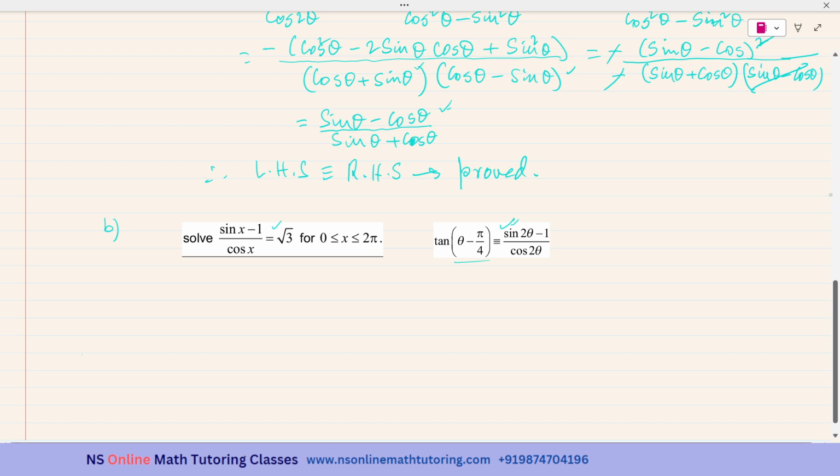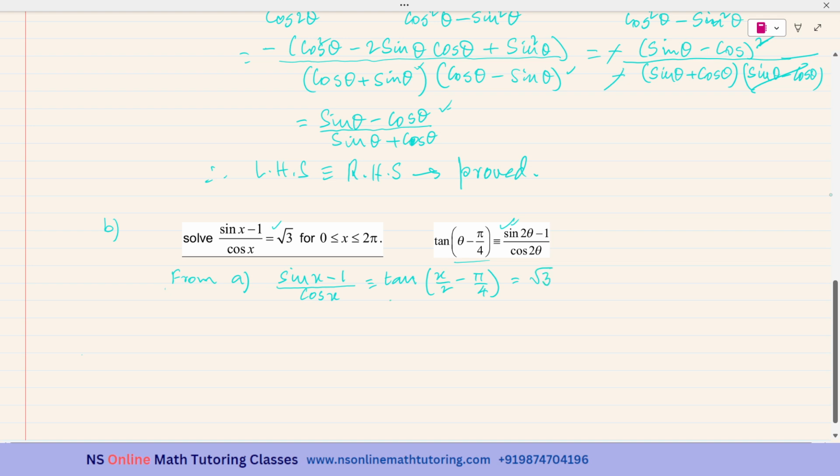Okay, so from subpart A, sin x minus 1 over cos x is equivalent to tan x over 2 minus pi over 4, okay, is equal to root 3.